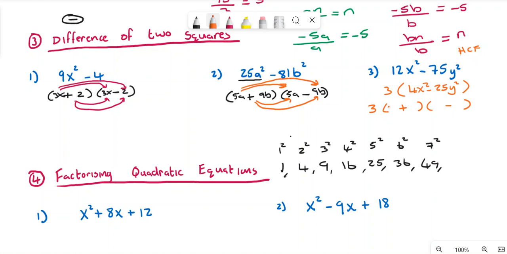So 2x by 2x would give me 4x squared, and then minus 25y squared would be 5y and then 5y here. Okay, so we can see that if we multiply this by this, this by this, this by this, and then this by this, it will give me what's inside the bracket here. And then if I multiply everything by 3, it'll get me back to the expression we started with.